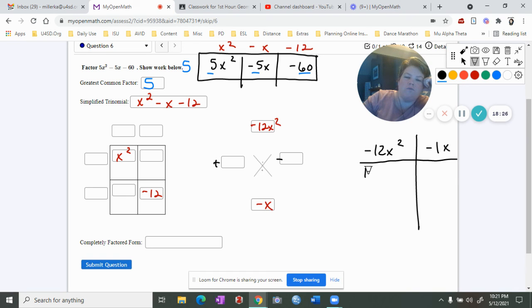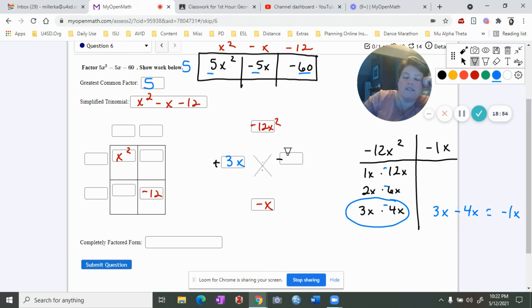So again, I can do 1x times 12x, 2x times 6x, 3x times 4x, and I need to have a negative outcome, so that means my larger factor is negative. Now these are only one apart, so this is going to be what I check. 3x minus 4x is negative 1x. Excellent. So 3x and negative 4x.